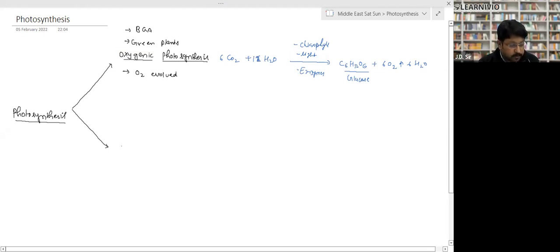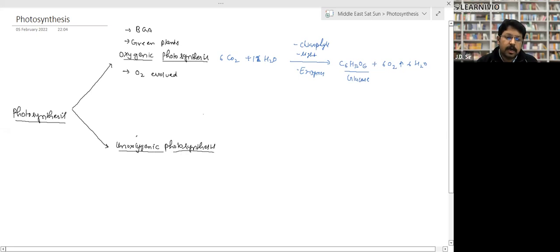Where does anoxygenic photosynthesis take place? The oxygen always comes out from the water.